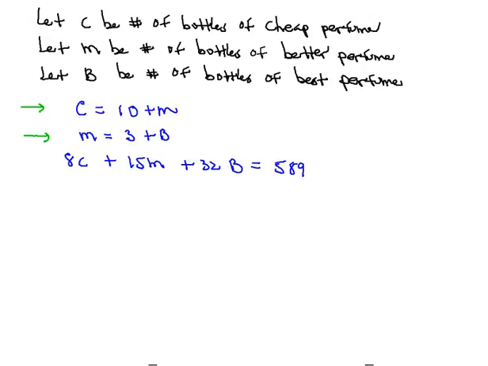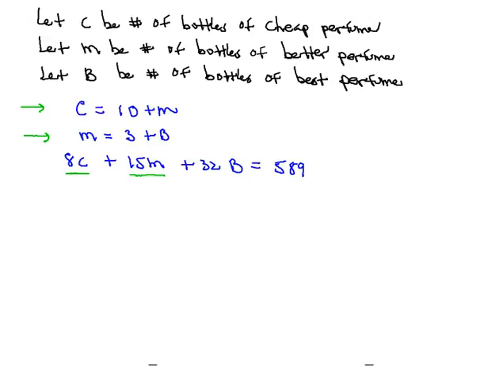And we're told that the total value of all the perfume is $589. So it should make sense then that if each bottle of cheap perfume costs $8, then 8 times C represents the total value of the cheap perfume. And each bottle of the better perfume costs $15, so 15 times M would give us the total value of the better perfume.